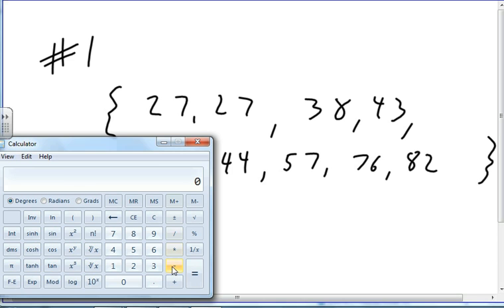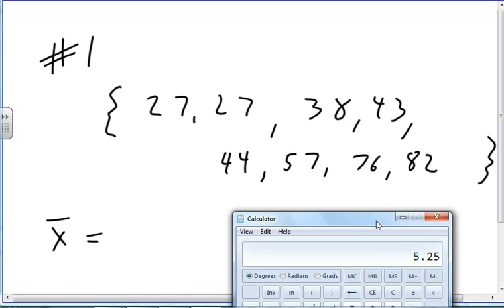So if I guess 44, I'm going to get minus 17, and then minus another 17, and then minus 6, and then minus 1, and then plus 13, and plus 32, and plus 38, equals 1, 2, 3, 4, 5, 6, 7, 8, divided by 8 equals 5.25.